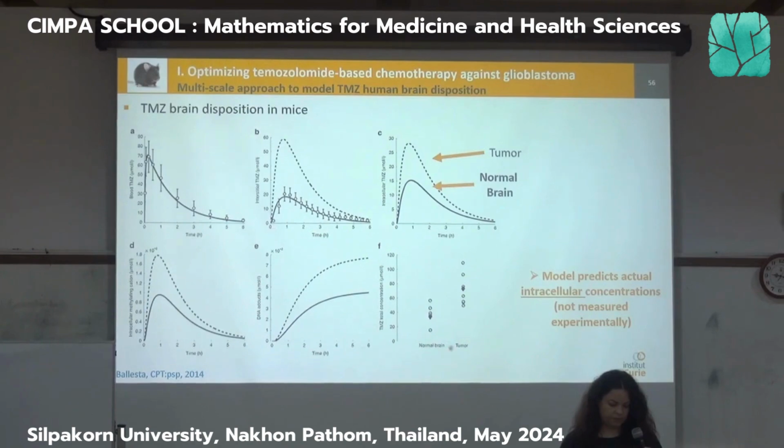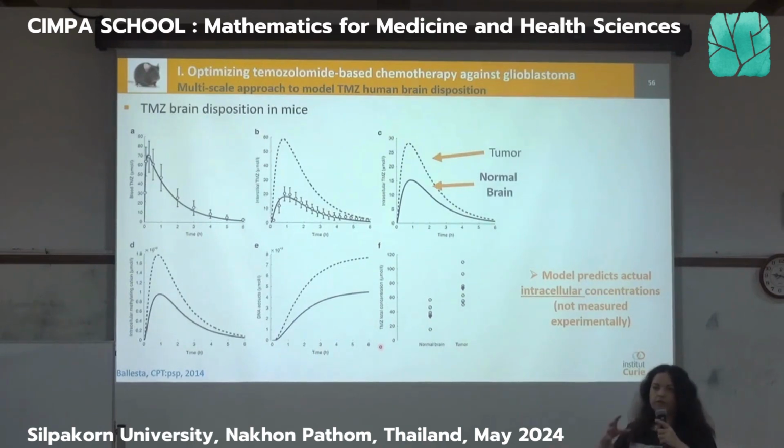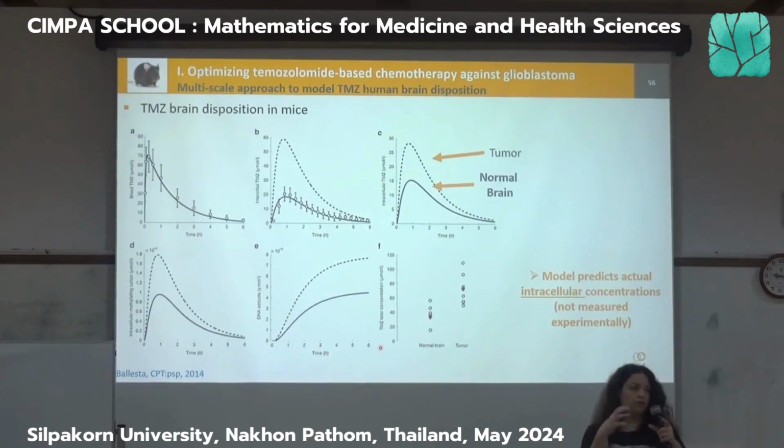And this is inferred also from this data, where this data is basically the concentration of temozolomide when you take the whole tumor and then you measure the concentration of temozolomide inside this tumor. So it means that it mixes the interstitial and the intracellular compartments. Okay? So you measure the concentration in both compartments together, because this is the only thing you can do in the biology.